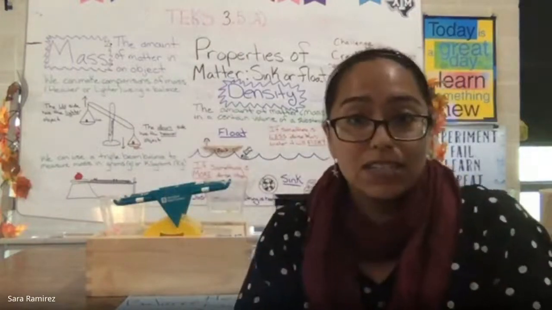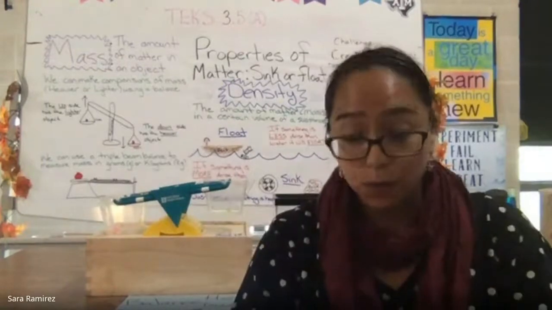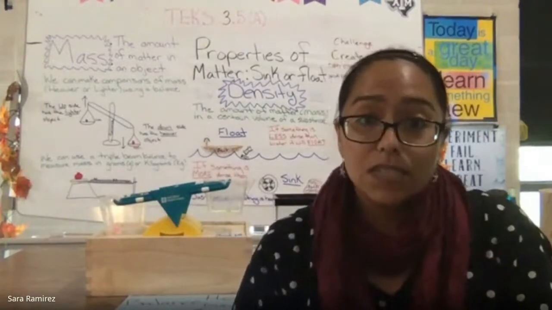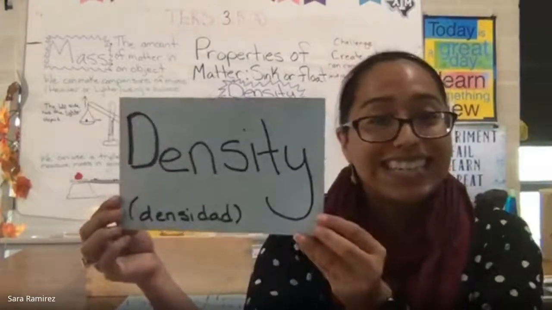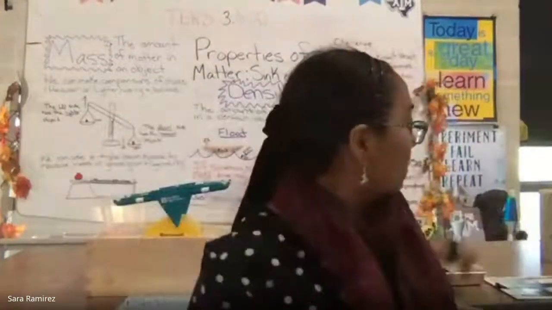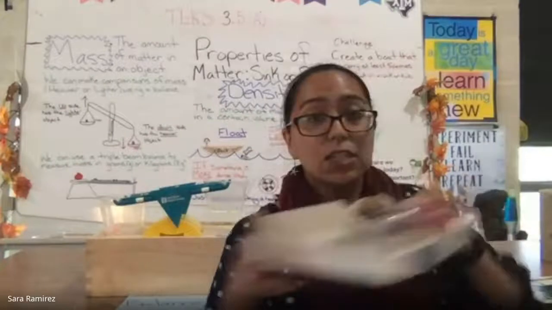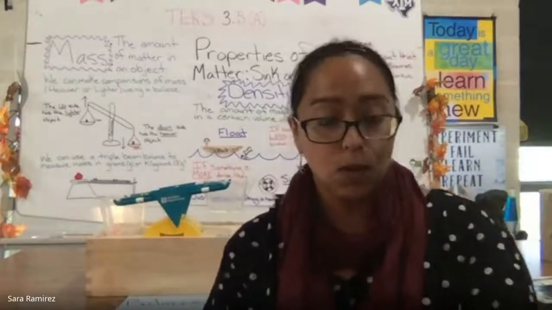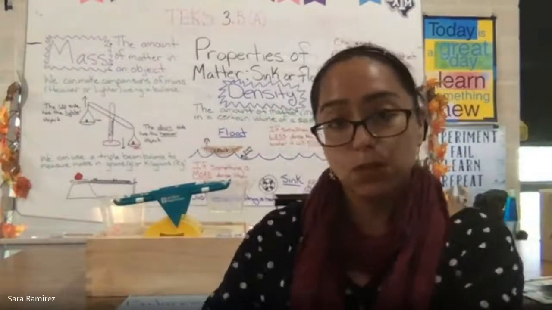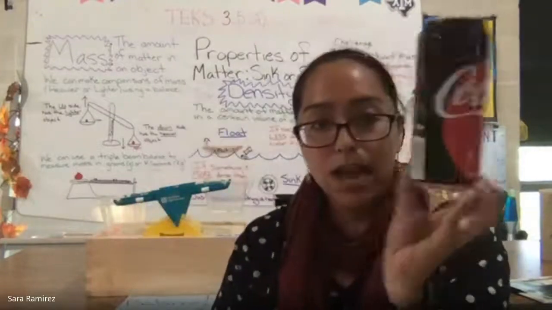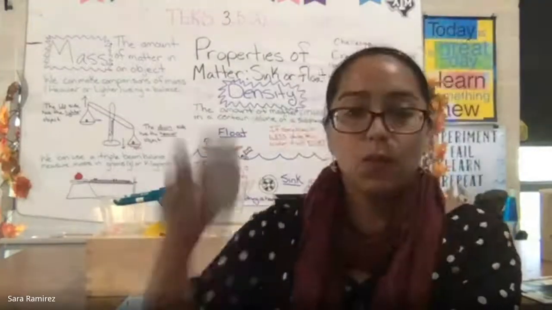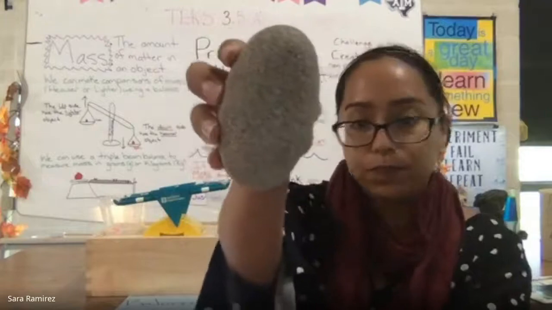Now we're actually going to see whether objects will sink or float. And an object's ability to sink or float, again, depends on its density. So we're going to compare these objects. So as I show them to you, make a prediction on which ones will sink and which ones will float and why. So we have an empty Coke can. We have a pumice stone.